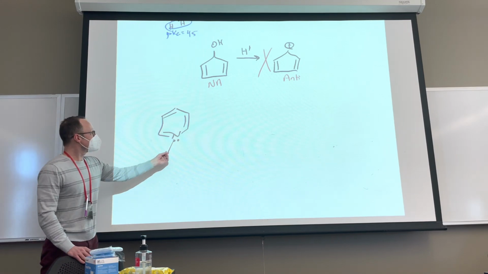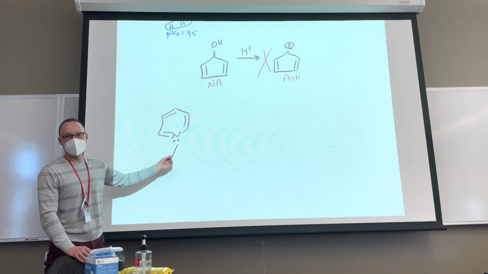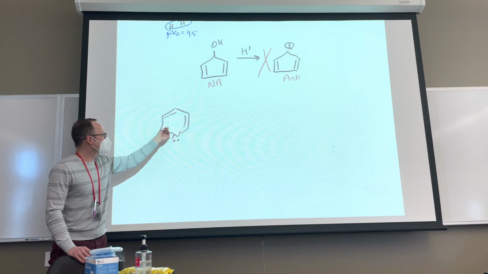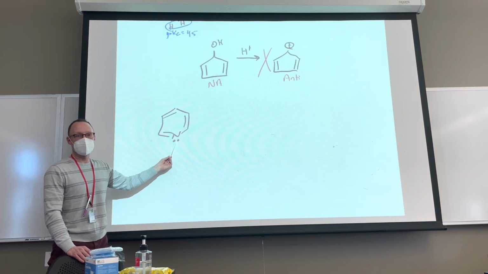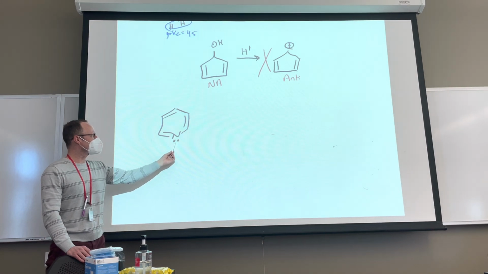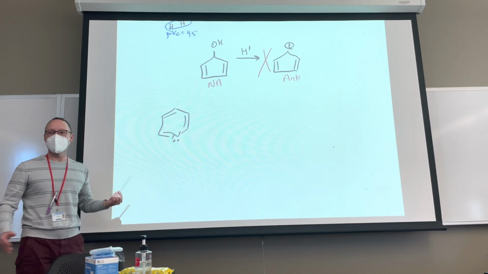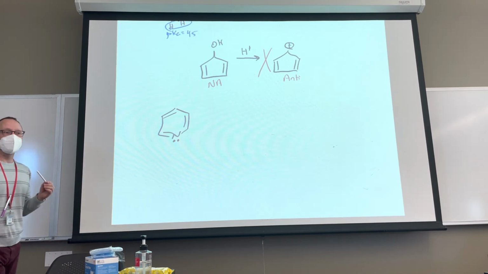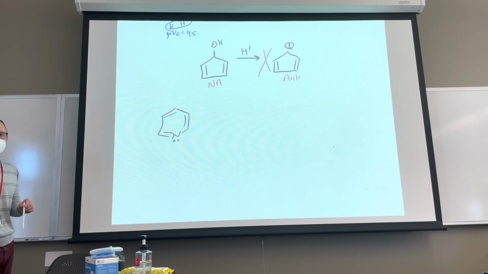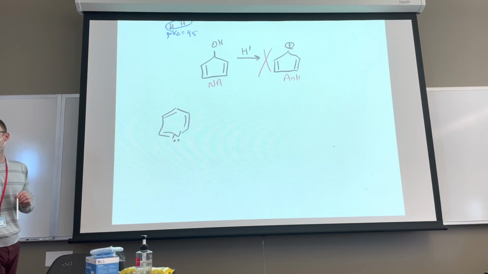Right? If this lone pair is part of the pi system, then you're going to have 2, 4, 6, 8 pi electrons, and it would be anti-aromatic. However, if this is not part of the pi system, you have 2, 4, 6 pi electrons, and it is aromatic.